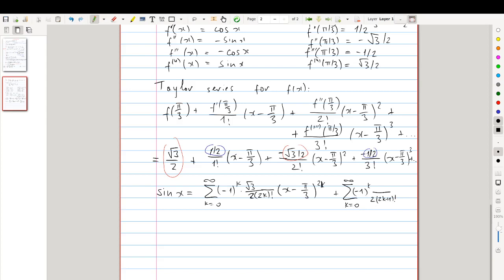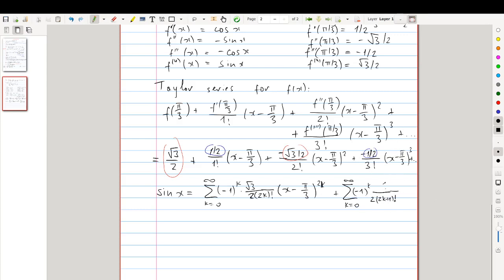So indeed, the very first factorial is 1 factorial, and then we increment the argument that is passed to the factorial by 2 every time the index increases.